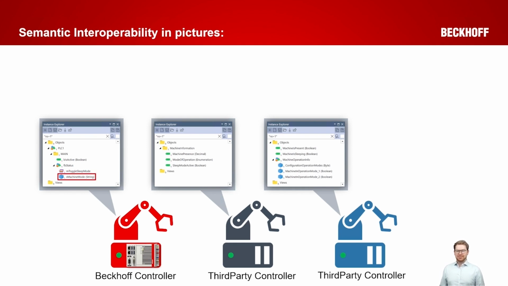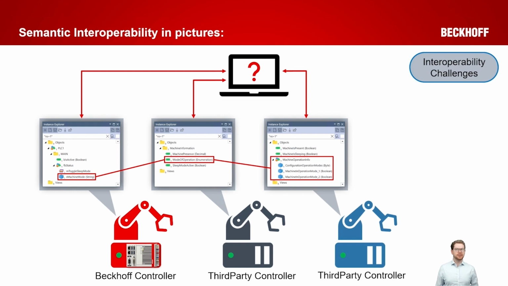Looking at the machine mode from Beckhoff and the mode of operation from the second machine, and the mode of operation from the third machine, they all look very different from a client's perspective, which presents it with interoperability challenges.